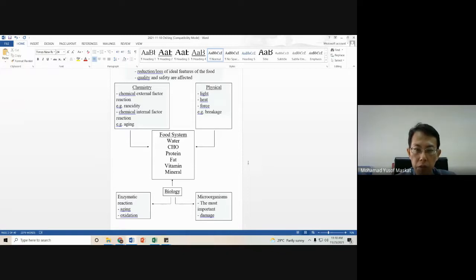When this differs, so too will the factors that threaten that particular food system. What we show are just generalizations, something general in nature, but in specific it will differ. So it depends on the food system.